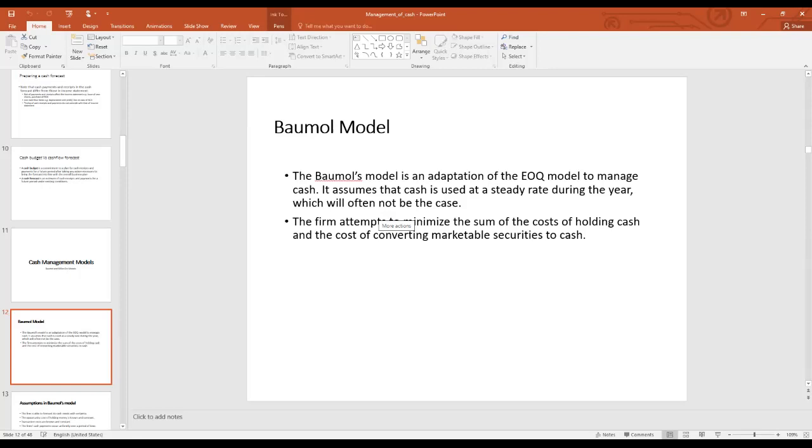For instance, the assumption of annual demand of inventory which you had in the EOQ model: in this case, you're going to assume that you can estimate the annual cash requirement that the business will have. In the next financial year, what is the cash that we're going to require?